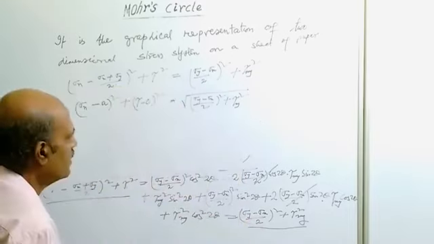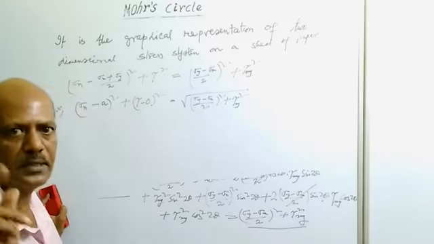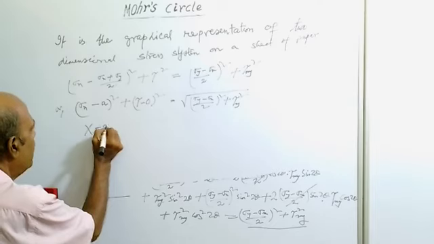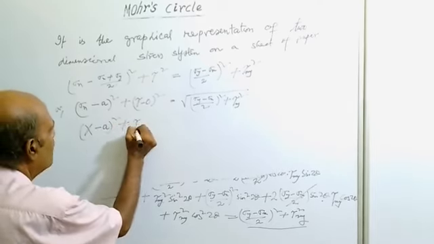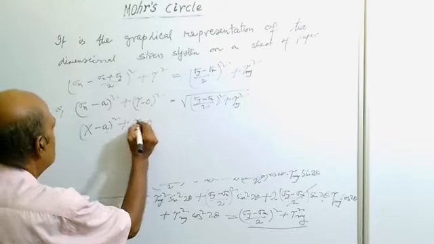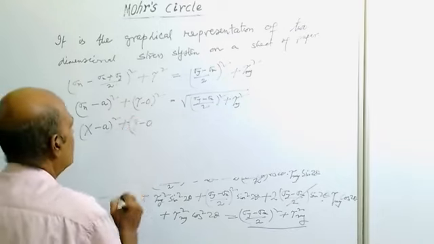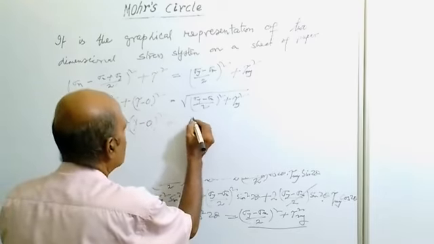So we have got this equation. Now this is the same equation as (X minus a) whole square plus (y minus 0) whole square is equal to r square.